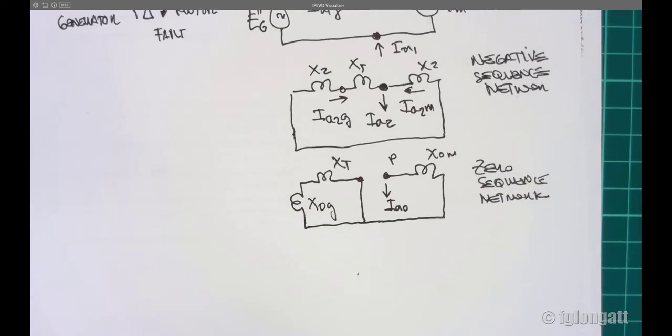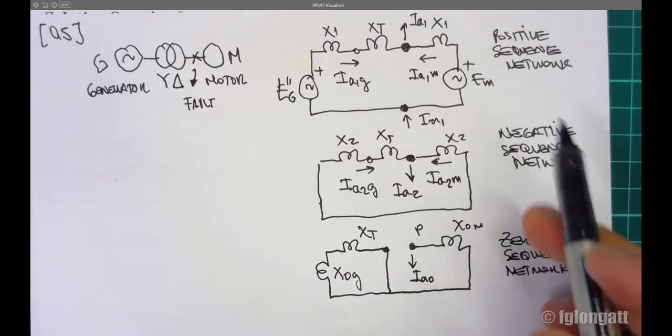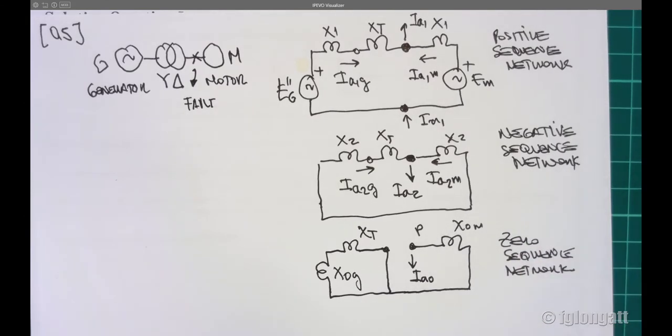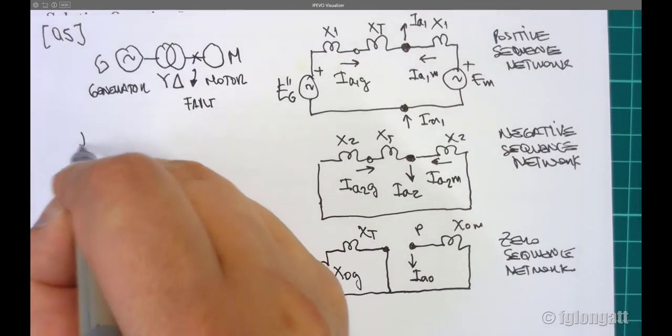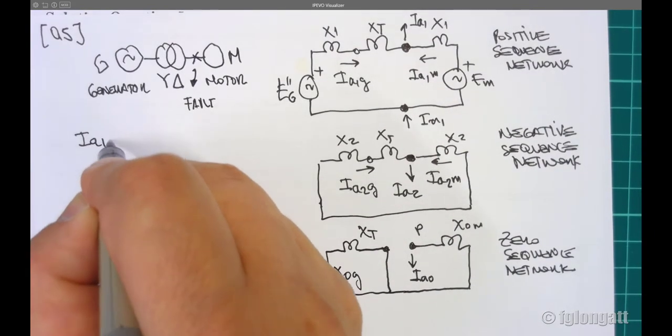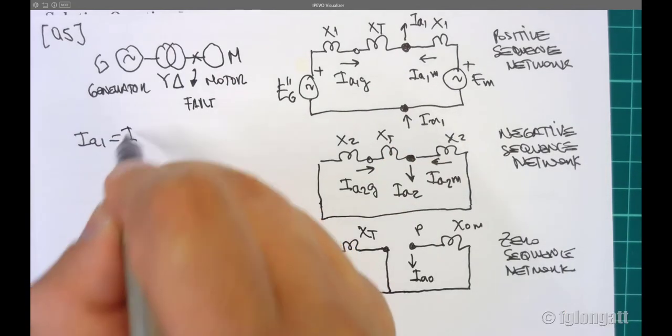Okay, what I'm trying to say is right now we have the three different sequence networks, okay? Positive, negative, and zero. But in all of them, what you need to understand is that the positive sequence, for instance, is the sum of this one.